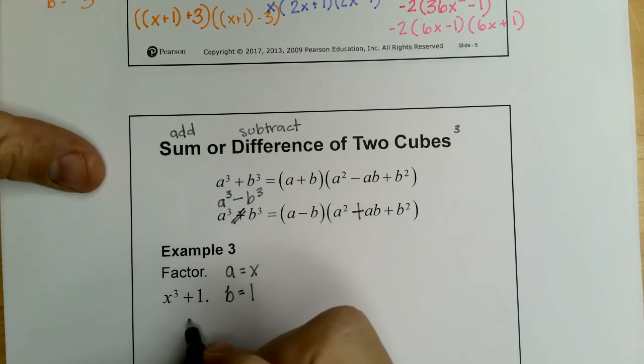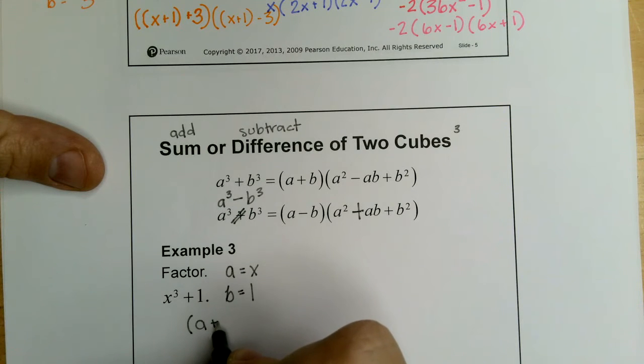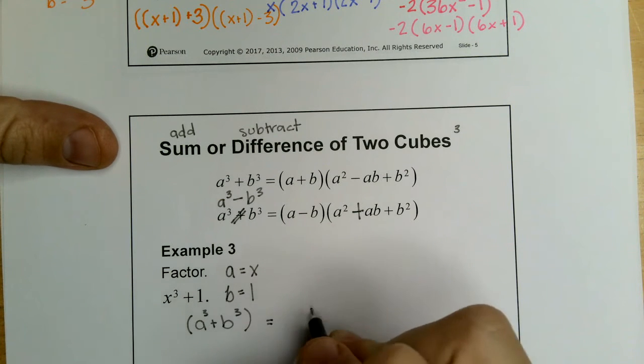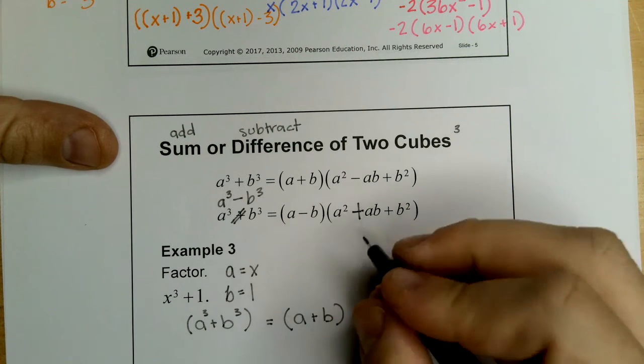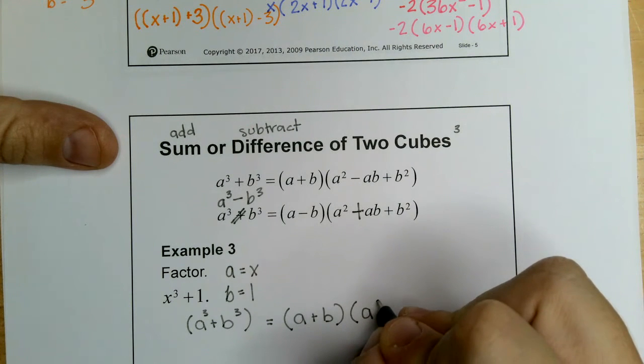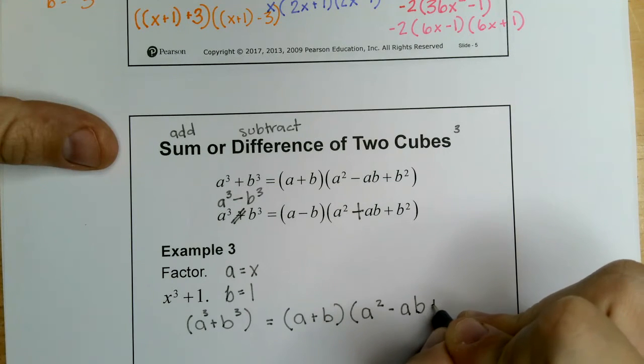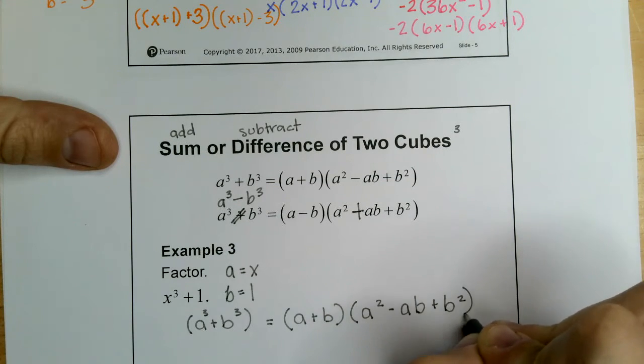The sum of two cubes, a cubed plus b cubed, factors as a plus b times a squared minus a times b plus b squared.